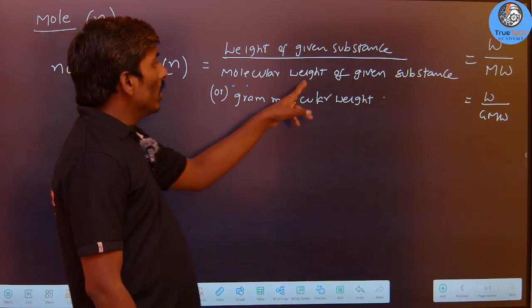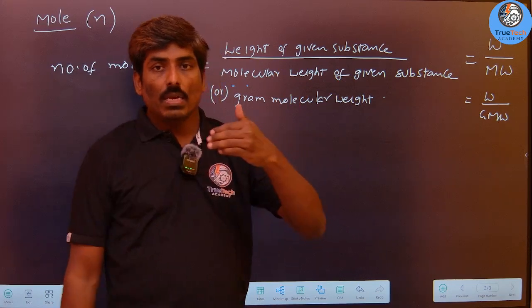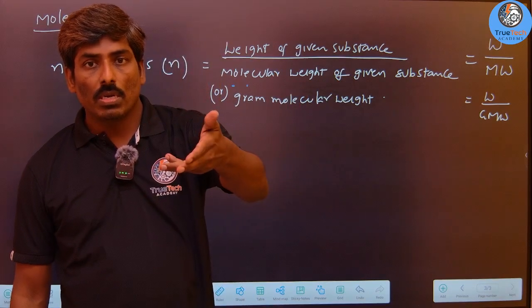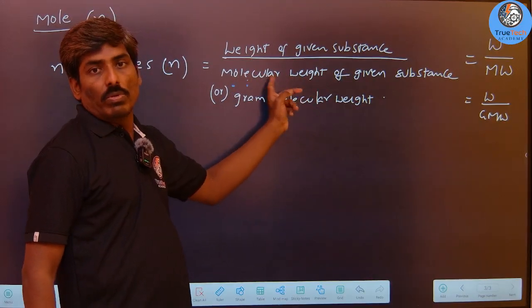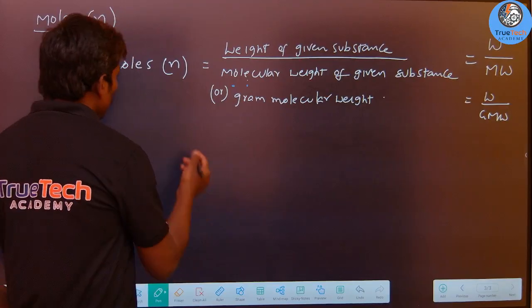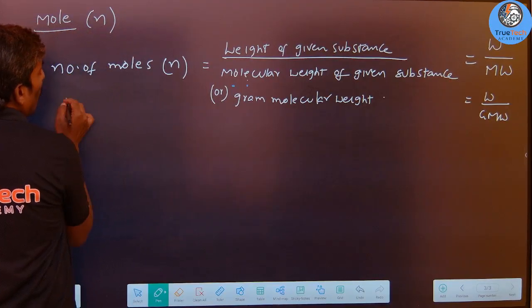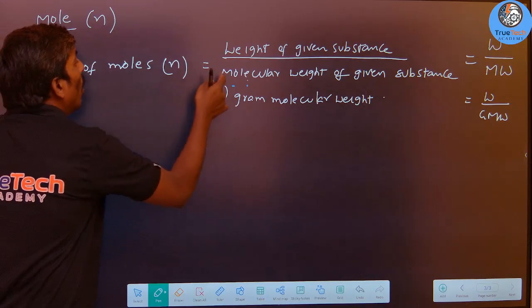Molecular weight is taken for a molecule. If it is an atom, we will take atomic weight. So this is the number of moles for molecules.